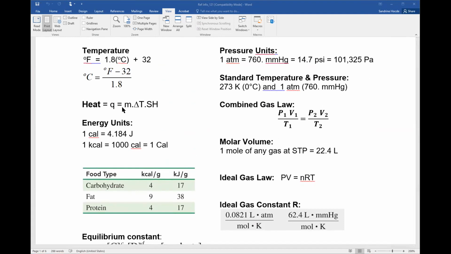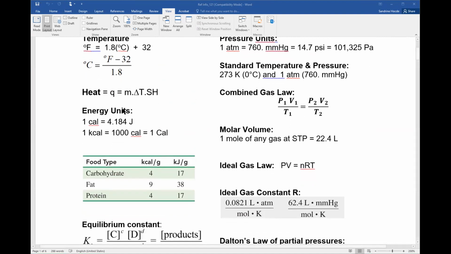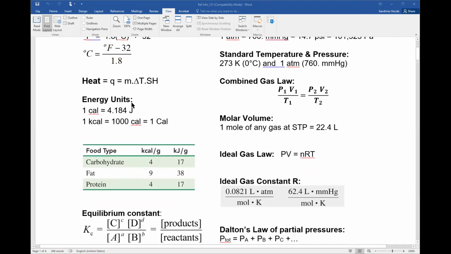Heat is Q equals m delta T SH, or m c delta T. C is the specific heat capacity. But here below you have energy units. So 1 calorie with the lowercase c is equal to 4.184 joules. 1 kilocalorie would be 1,000 calories.